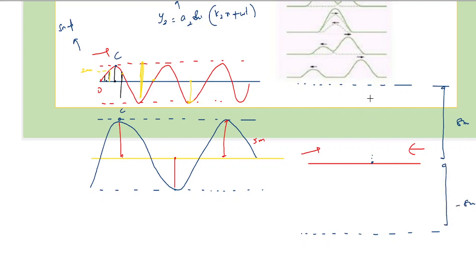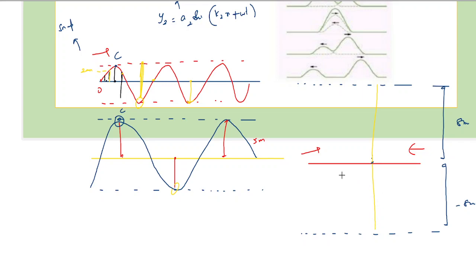Now whether the particle goes to plus 8 or not depends on the wave superposition. So if the crest here falls on this crest, this particle will go up to 8 meter. Imagine that at a given point, if this trough and this trough fall together, then the particle goes to minus 8 meter, which means this particle can oscillate between plus 8 and minus 8 meter.